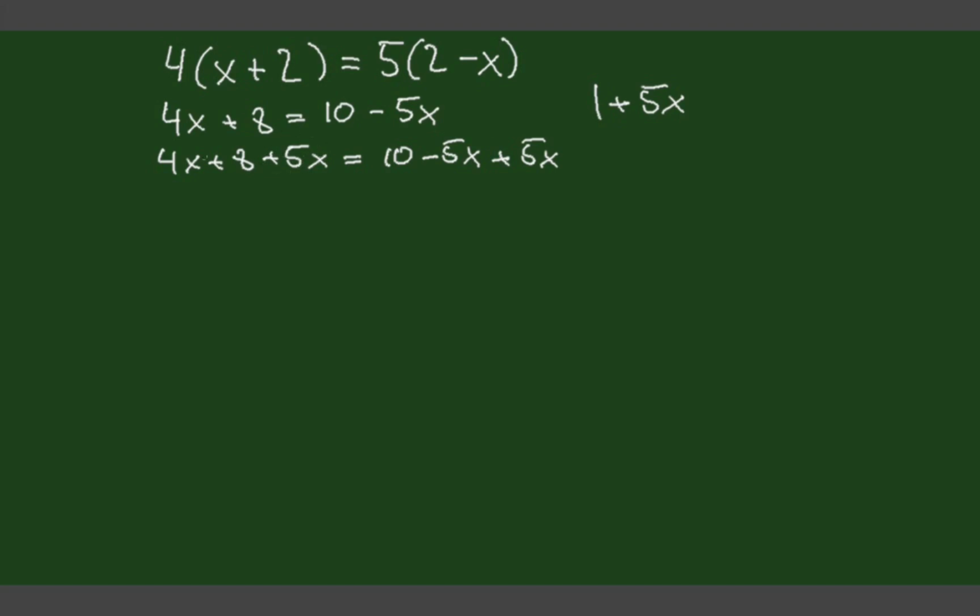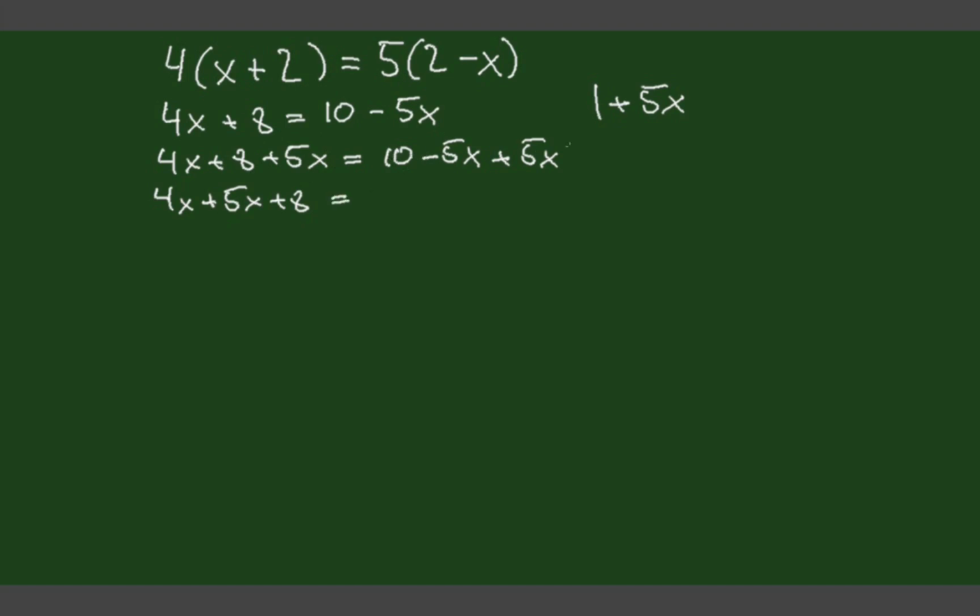So all of this is plus, so it doesn't matter. But if this was, for instance, minus 5x, then the minus would always stay with the 5x. I'll go over that in another video, I'm sure. Right, so I can rewrite that as 4x plus 5x plus 8. I've just swapped around the 5x and the 8 to make it a little bit more readable.